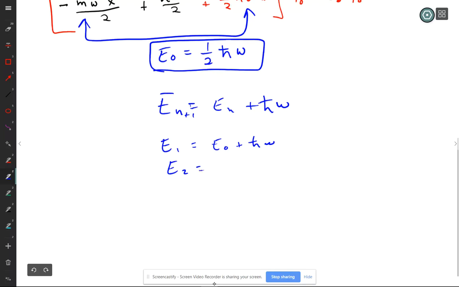And E sub 2 is equal to E sub 1 plus h bar omega, or E sub 0 plus 2 h bar omega. And I think we can all see a pattern right here, and I don't need to write any more, do I? If I did E sub 7, what would I get?